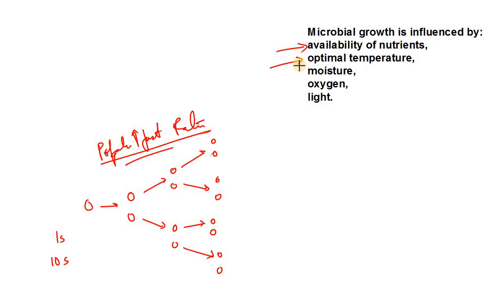Next is optimal temperature. You know, my dear students, for the microorganism, each of them, you name any bacteria, any protozoa, any fungi, more or less there exists something like this, a dependence on temperature. This temperature dependence is somewhat like this, as you can see.